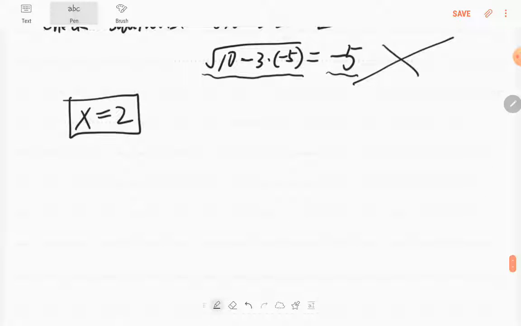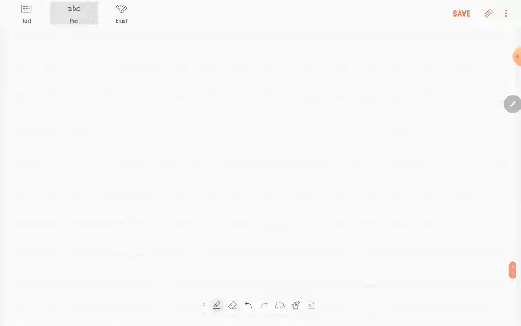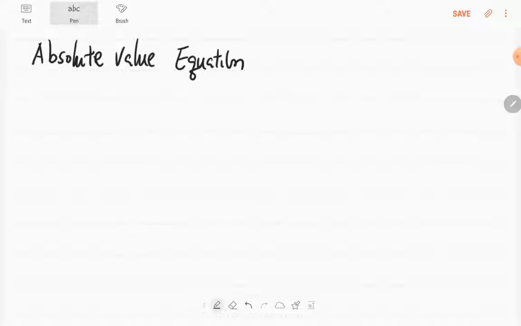So now let's look at another equation we often have, which is called the absolute value equation. So this is the absolute value of u equals c, where u could be some expression about x.